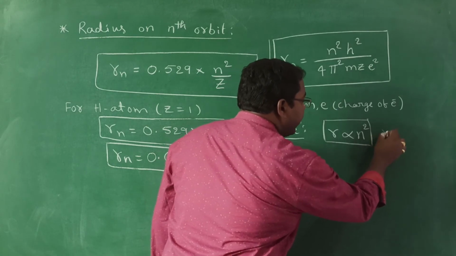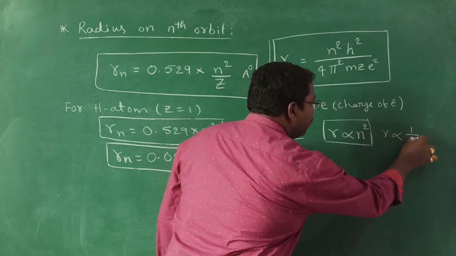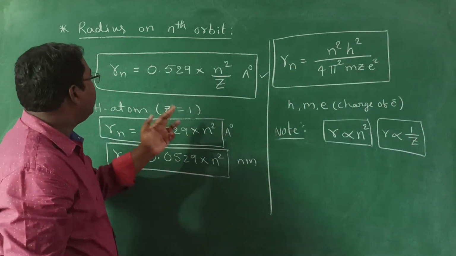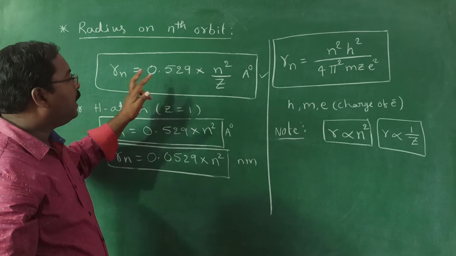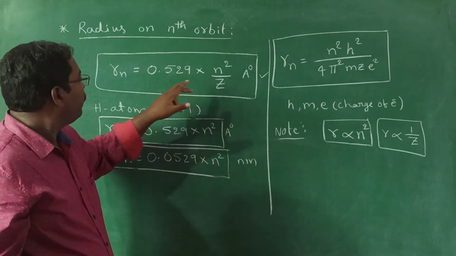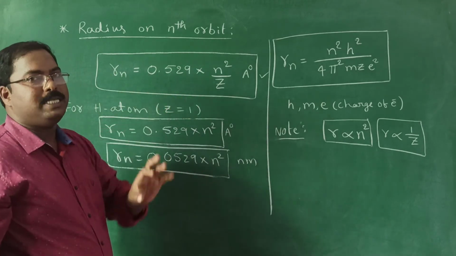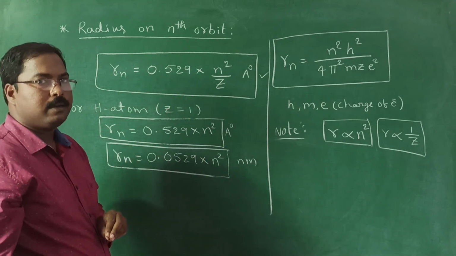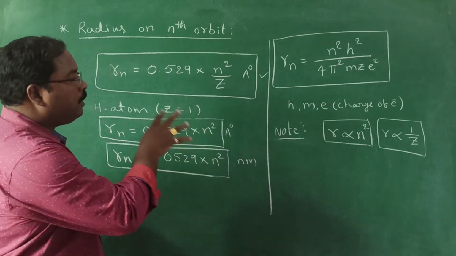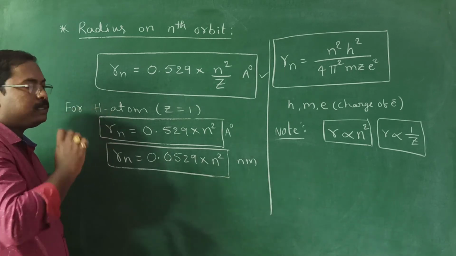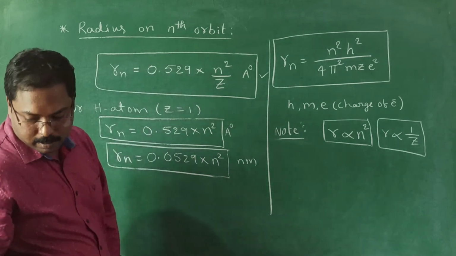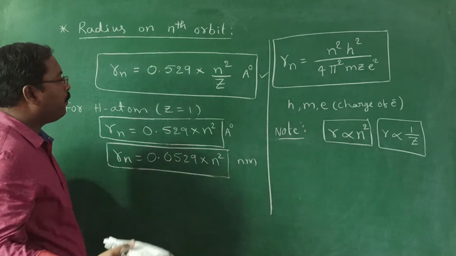Even we can say that radius is inversely proportional to atomic number, right? From the formula it is clear that the radius of the orbit is directly proportional to n square, where n is the orbit number, and inversely proportional to Z, the atomic number. Now, you copy all these formulas, then I will give you a simple small formula related to this. Add formula relation.